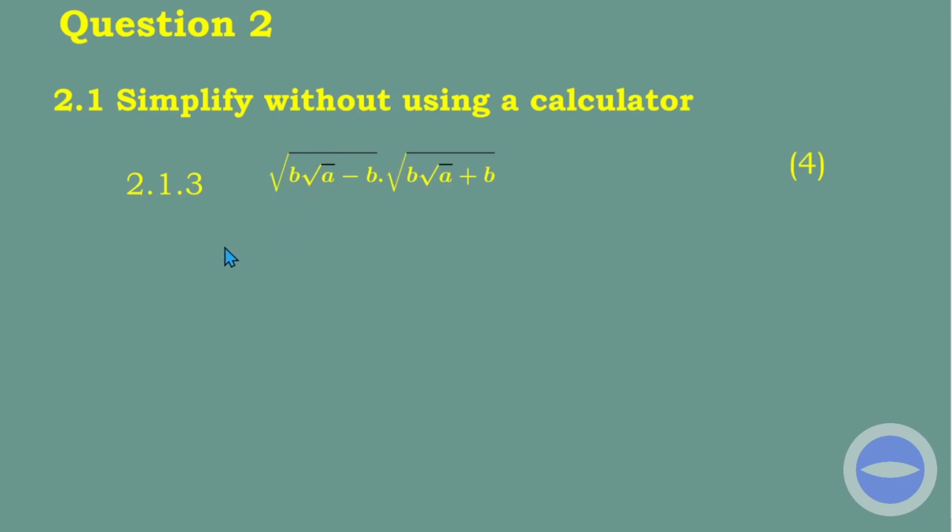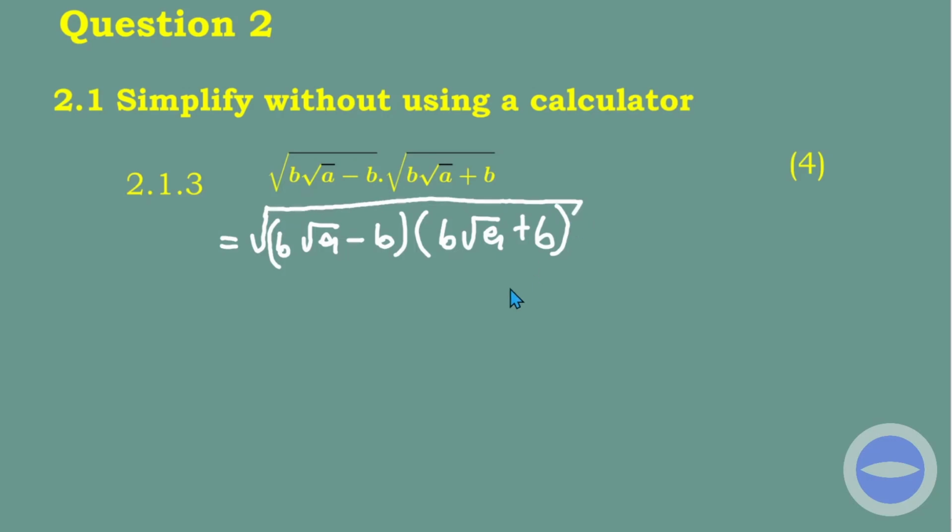So we can say the square root of b, the square root of a minus b, then I will close them in brackets, and then b, the square root of a plus b, and then I put this whole thing in one square root.